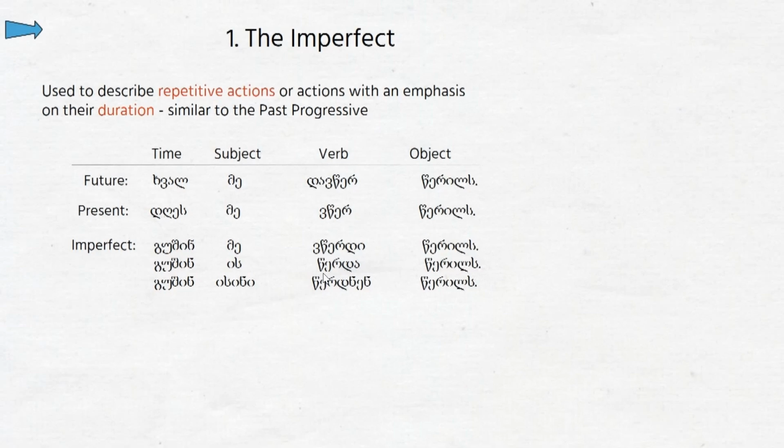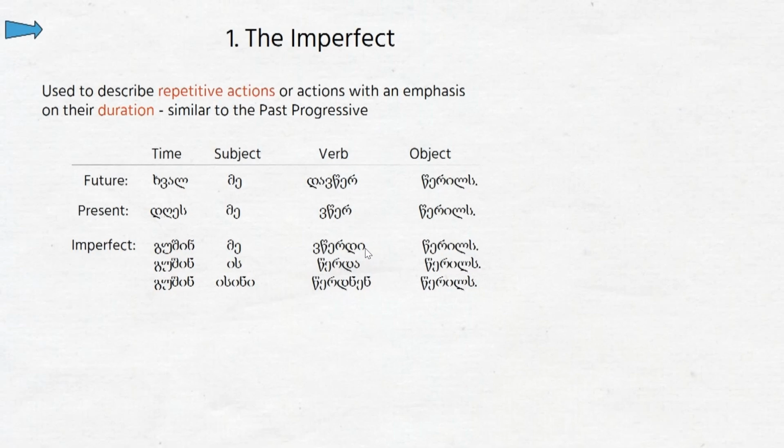For the third person singular, it's adding the A. Is tserda, he was writing or she was writing. And for third person in plural, we add the nen. Isini tserdnen, they were writing.